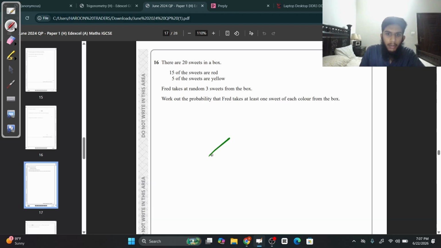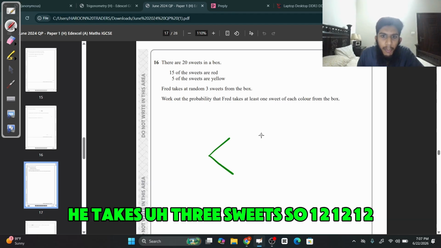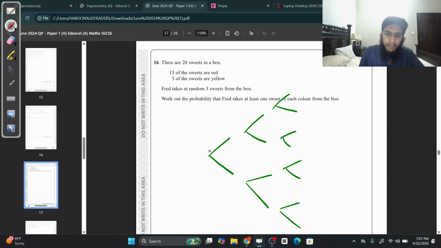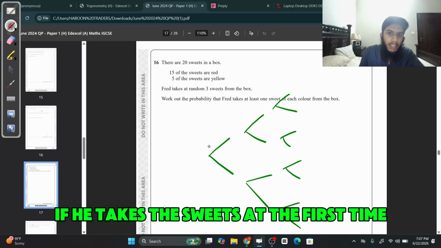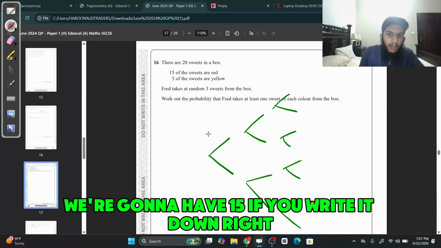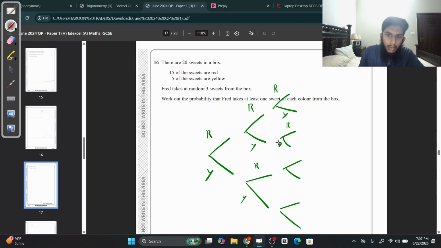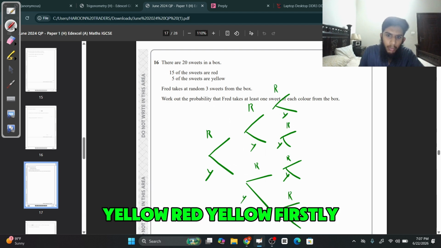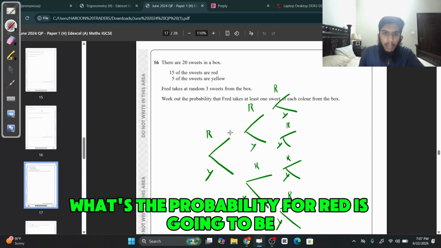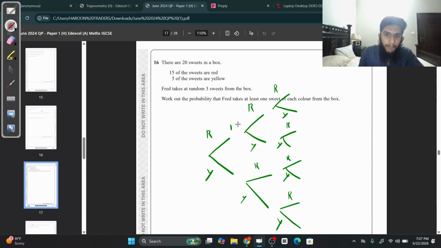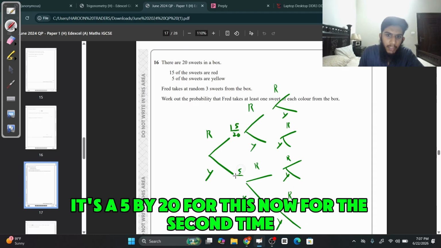Firstly, he takes 3 sweets. It's going to be much easier to actually make this. So firstly, if he takes the sweets at the first time, we're going to have red and yellow branches each time. Firstly, the probability for red is going to be 15 divided by 20, and yellow is 5 by 20.